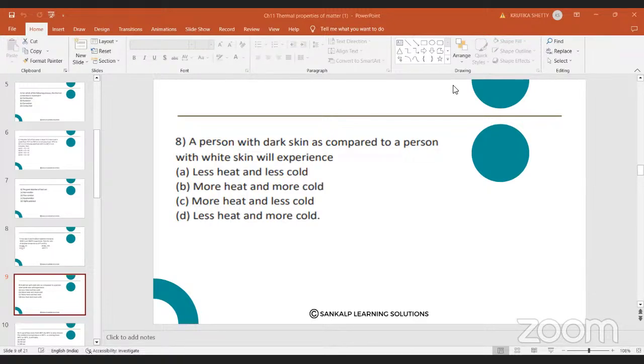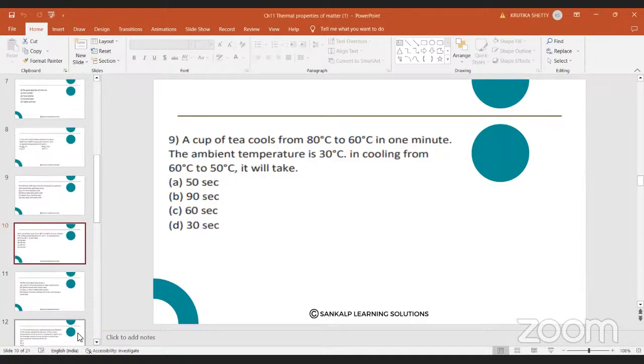Because of the dark skin, the heat absorption will be more. So when the heat absorption is more, obviously there is more cold as well. So more heat, more cold. Option B is the right one here. Let us go to the next question.